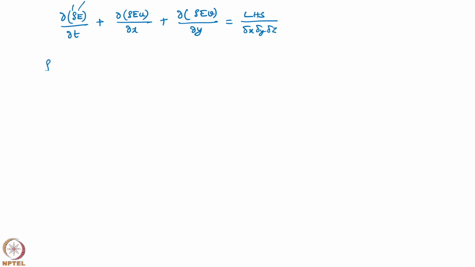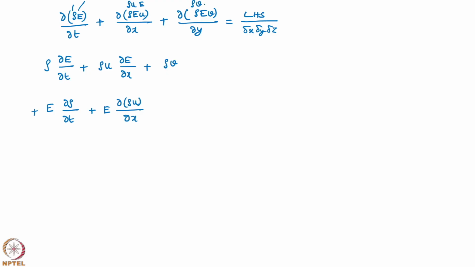So, you have rho dou E by dou t plus E dou rho by dou t, plus, taking rho u as a factor, rho u dou E by dou x plus E dou rho u by dou x, plus rho v dou E by dou y plus E into dou rho v by dou y.